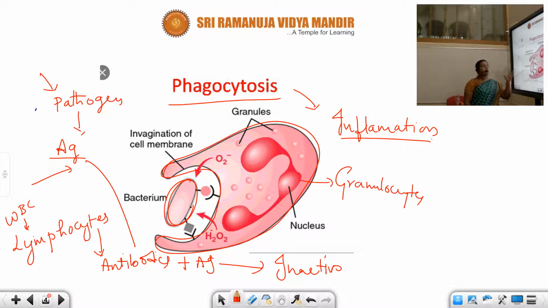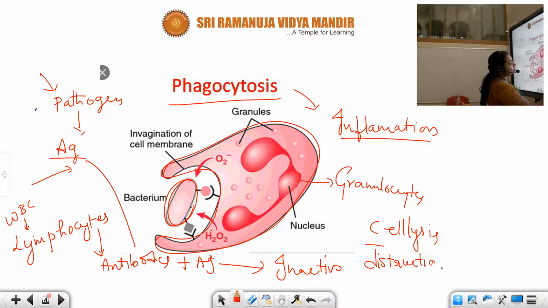By the process of engulfing, it is going to engulf the particular bacteria, so that it inactivates the bacteria. The technical name used for this process is called phagocytosis. Actually cell lysis will be taking place. Cell lysis means destruction of the cell. Right?